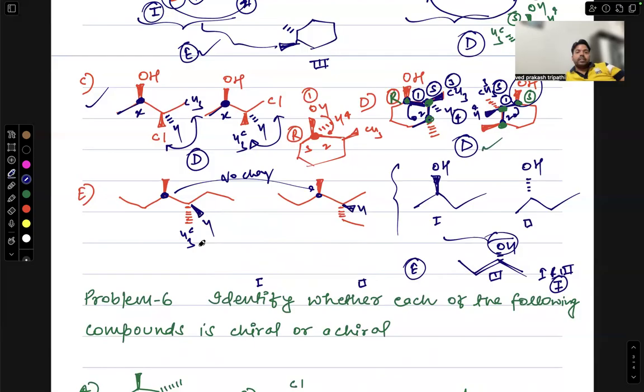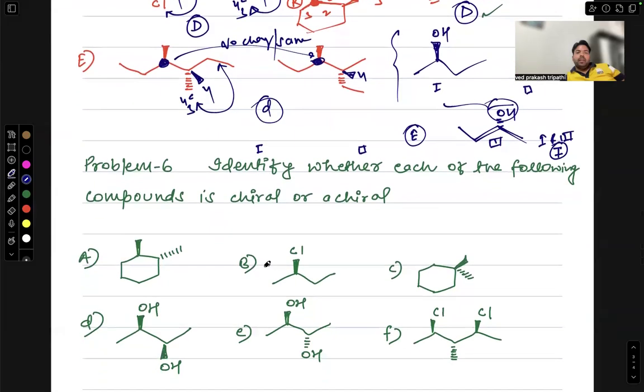So you can see there is an exchange between this and this. And this one remains the same. No change, same. And this one is exchanged. So this is a diastereomer. Make sense? Please tell me everyone. And you can apply R and S as well, okay?